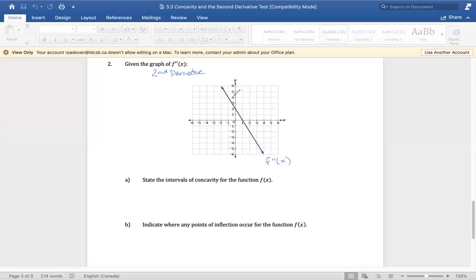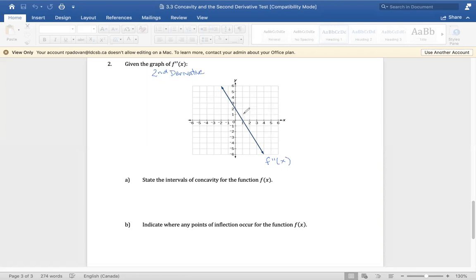So what can I write down here? When the graph is above the x-axis for the second derivative, that means my second derivatives are positive. You have that from the original bullets from page 1.